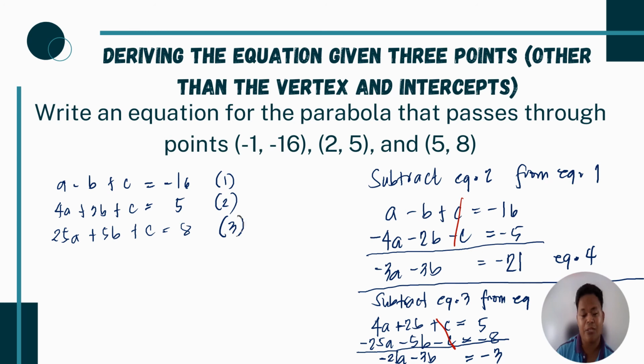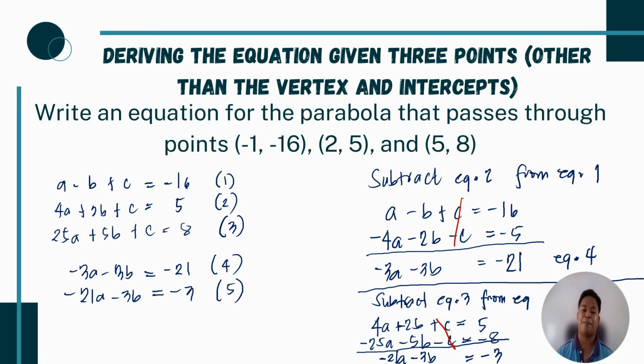This is equation 3. And we have equation 4 here, which is equal to negative 3a minus 3b equals negative 21. And equation 5, negative 21a minus 3b is equal to negative 3. So, this is our equation 5.